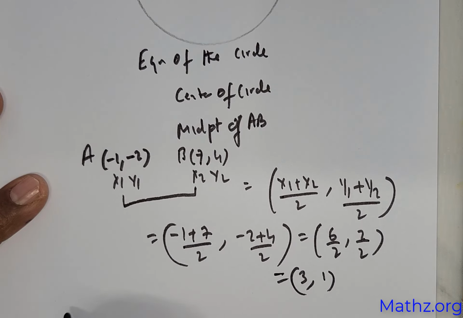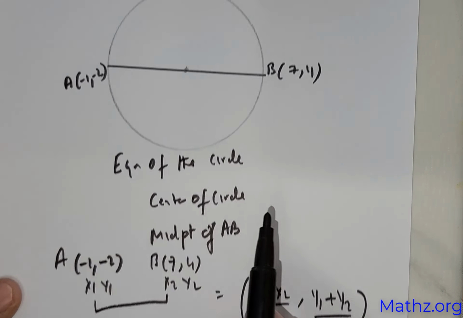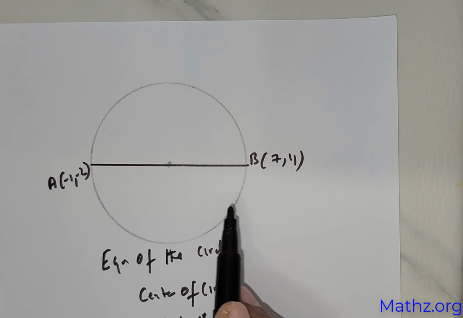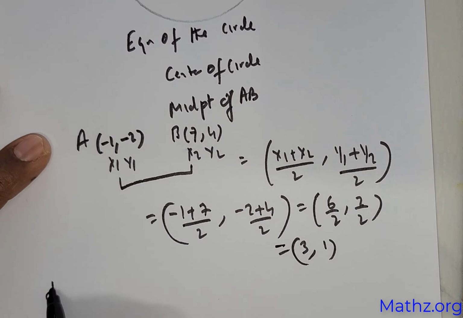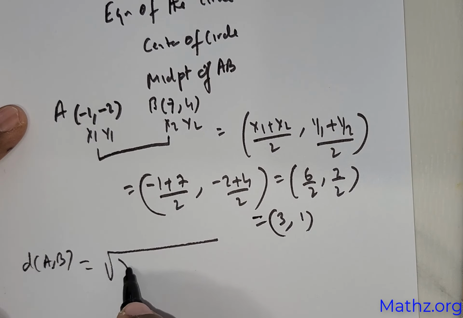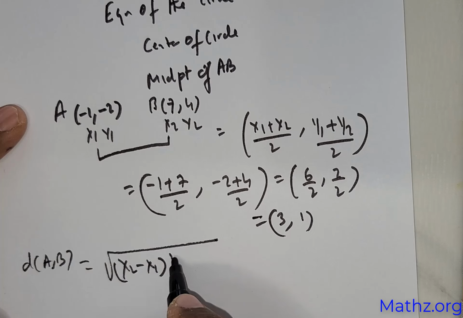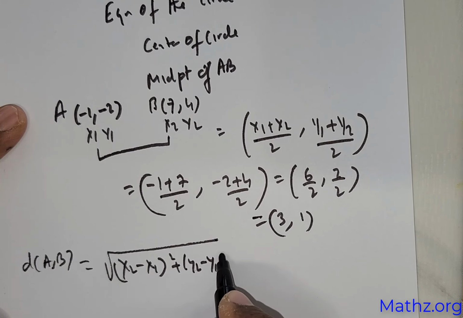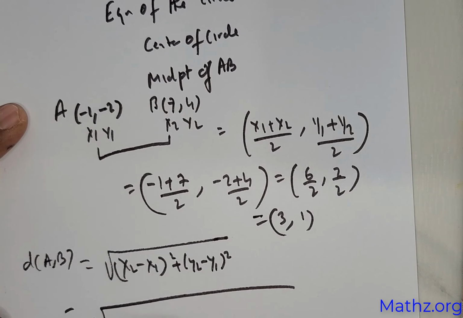Now we need to get the total distance, right? This distance is required to get the radius. So the distance between A and B is given by the formula square root of (x2 - x1) squared plus (y2 - y1) squared.